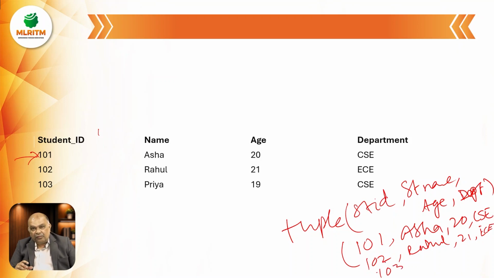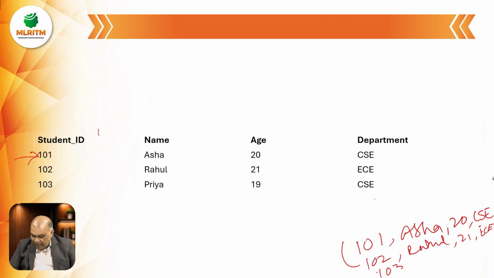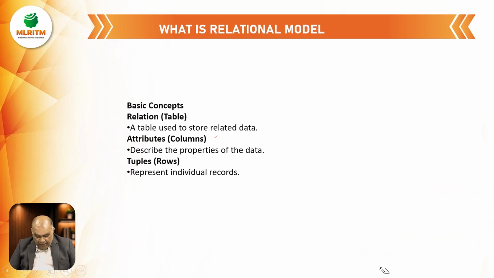A tuple is nothing but a record. How is the record formed? It is formed with the student ID, student name, age and department. The one record you enter in a row becomes a tuple. So in DBMS, a tuple is a concept where we enter data in the form of rows and columns. It represents an individual record, which is the complete row information, consisting of student ID, name, age and department.